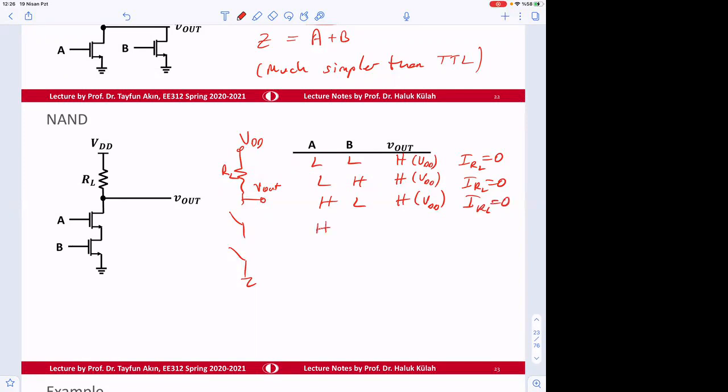What about both high and high? Output will be low. That value of low is going to be called the output low. IRL will not be equal to 0. So output is going to be low.